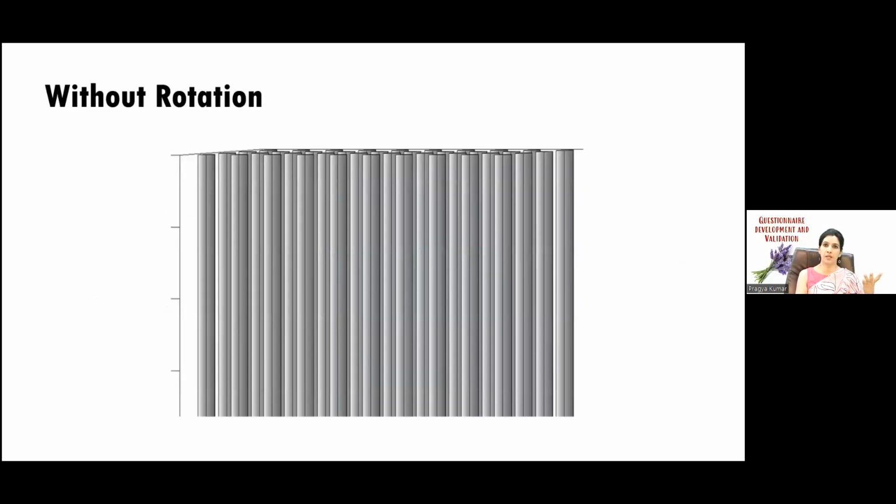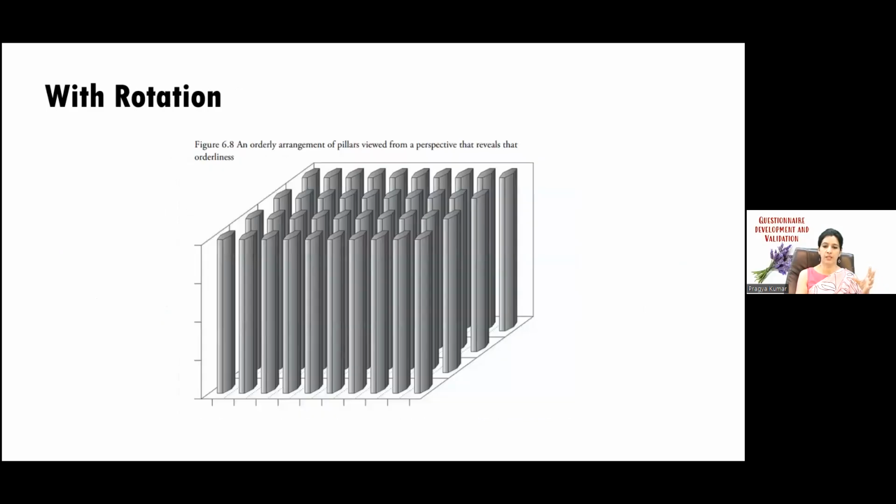Again, this is one example, one observation of rods. This is without rotation. If you do some rotation, it helps you to visualize that these are arranged in an orderly fashion. You can see that they are arranged at 90 degrees to each other, and you can now visualize the pattern very clearly.